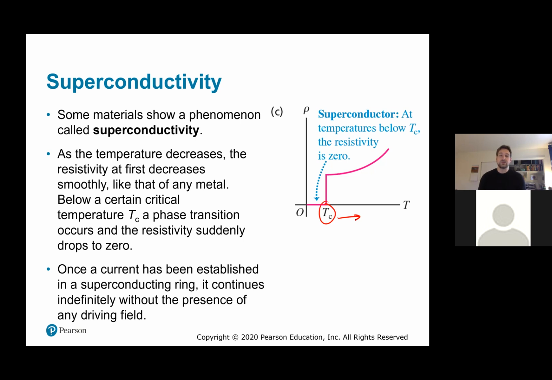At some temperature below this cutoff, the critical temperature, the resistivity drops to 0. Not close to 0, 0. And if we establish a current in a superconducting loop, it will persist forever. There's nothing to slow it down.